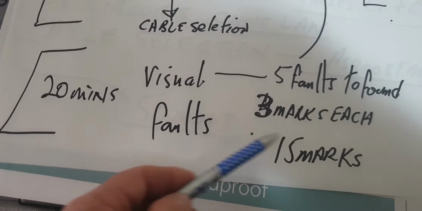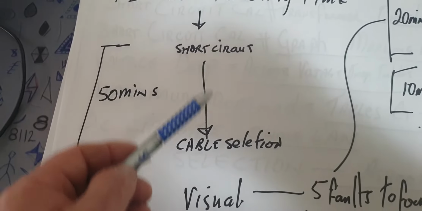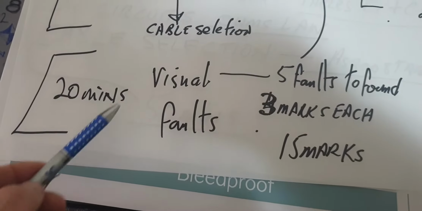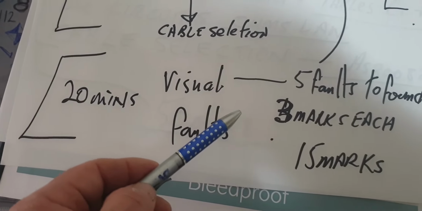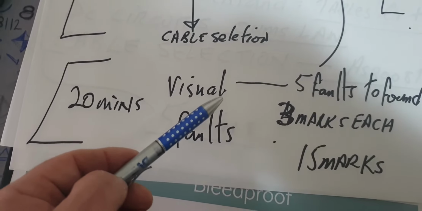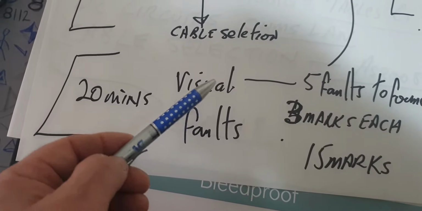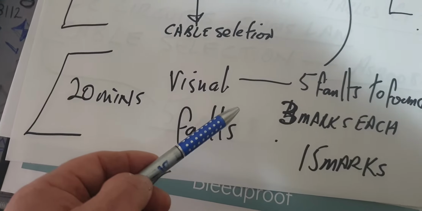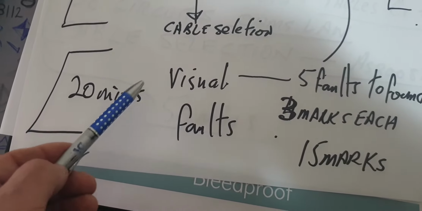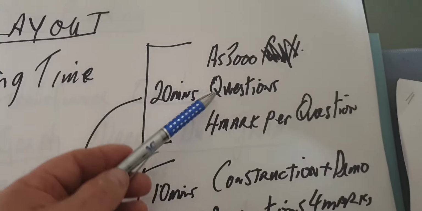That is an AS3000 book as well, and you use AS3000 to find your 5 visual faults. Usually you find a lot of your faults in sections 2, 5 and 7. Section 5 is for earthing, 7 for your emergency stuff, and 2 for things like marking of main switches.